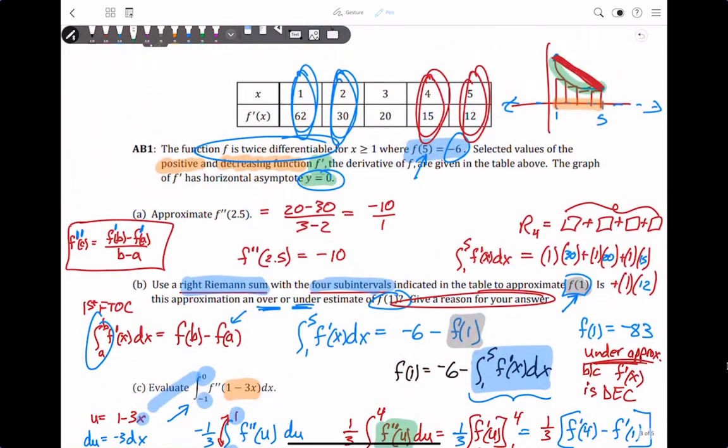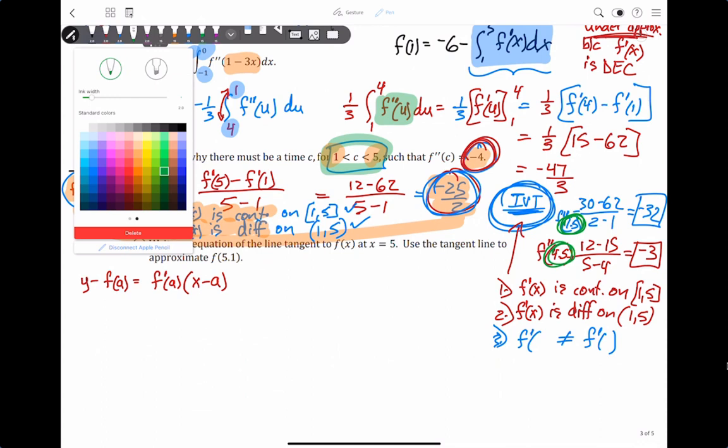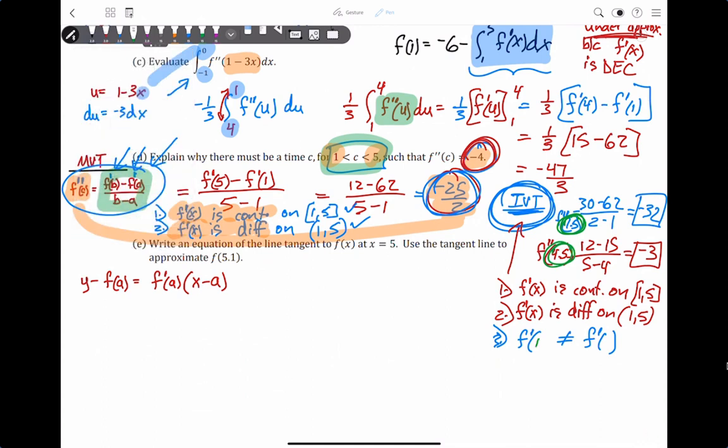The slope meaning what does it exist here at 1.5 and what did it exist here at 4.5. Okay, so over here we can use something like at 1.5, was it different than what it was at 4.5? Well, we know at 1.5 it was negative 32, and that's not equal to negative 3.